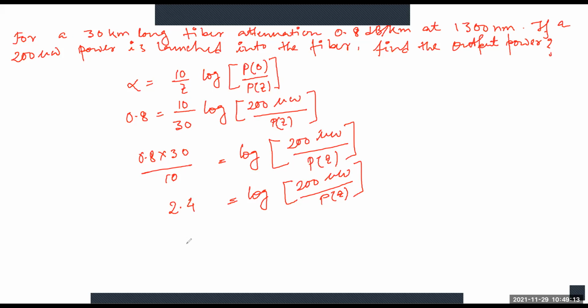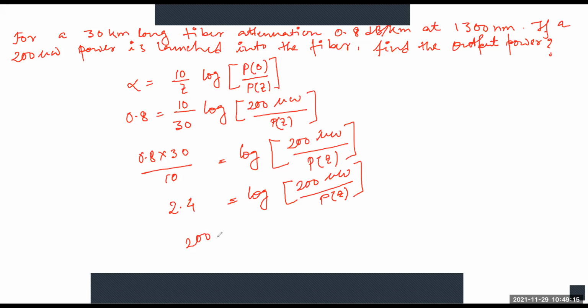So here it is 200 mu watt by Pz equals 10 to the power 2.4. So from this we will get, with the help of a calculator, 0.7962 mu watt. This is the answer.